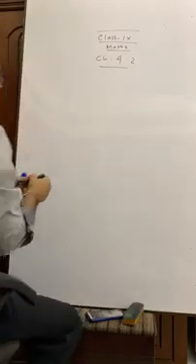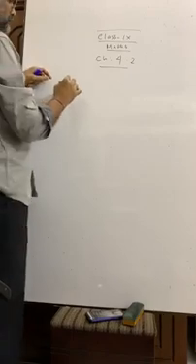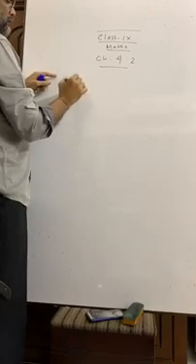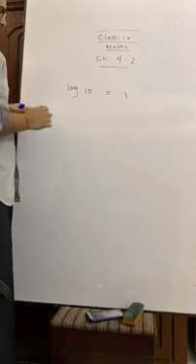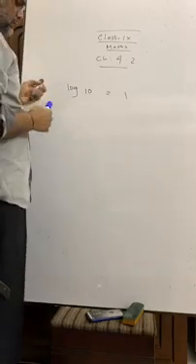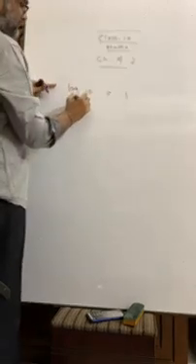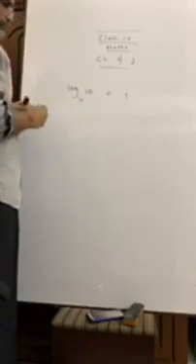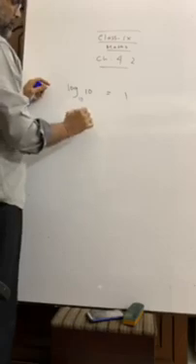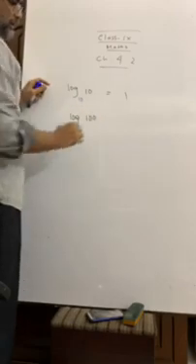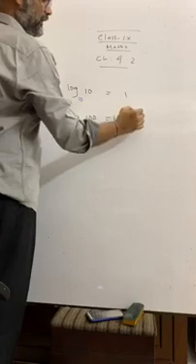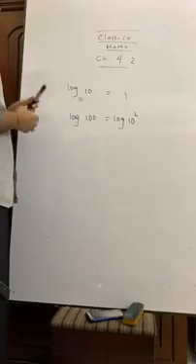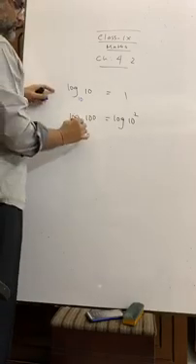Suppose you see log 10 equals 1. What is meant by this log 10? Log 10 means there is a base 10. Now if I write log 100, that means log 10 square, and there is also a base 10.